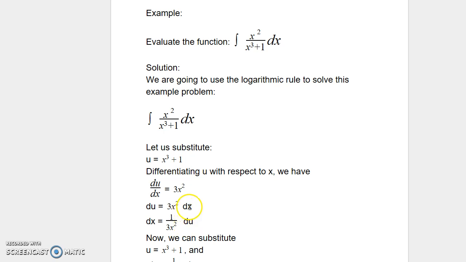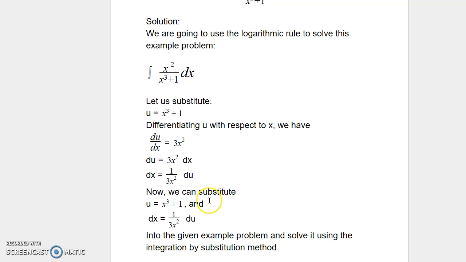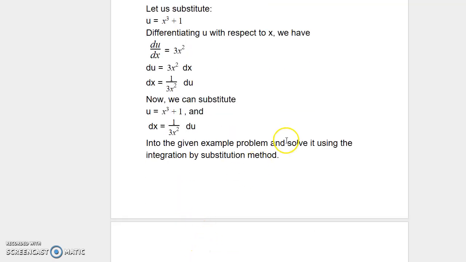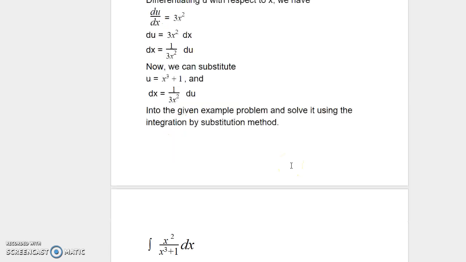If I want to express this in terms of dx, I can write it as dx is equal to 1 over 3x squared du. Now we can substitute u as equal to x cubed plus 1 and dx as equal to 1 over 3x squared du into the given example problem, and then use the rules of integration to solve it.